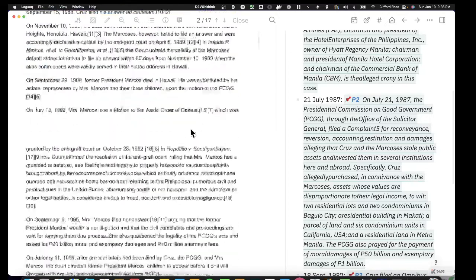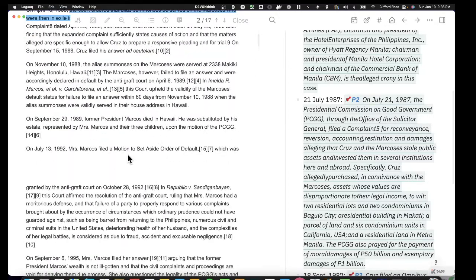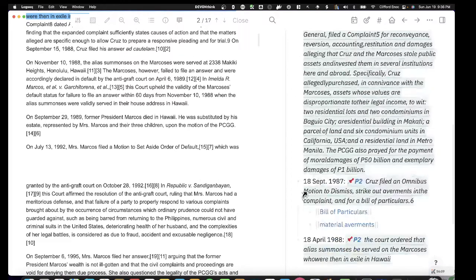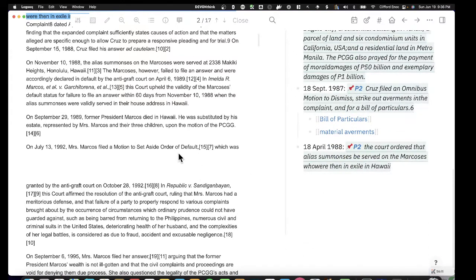Wait, dissect natin to. This is 13 pages all in all, excluding the footnotes. And then I'm reading this right now, wala kong alam dito previously.